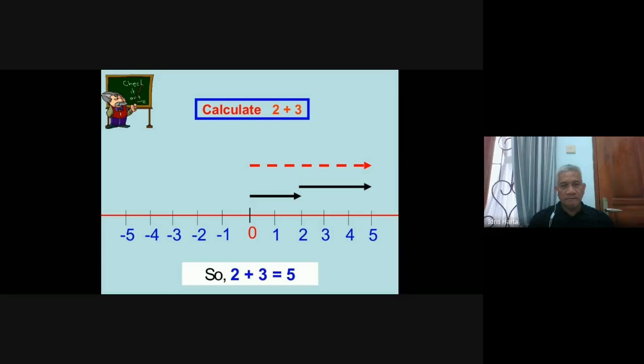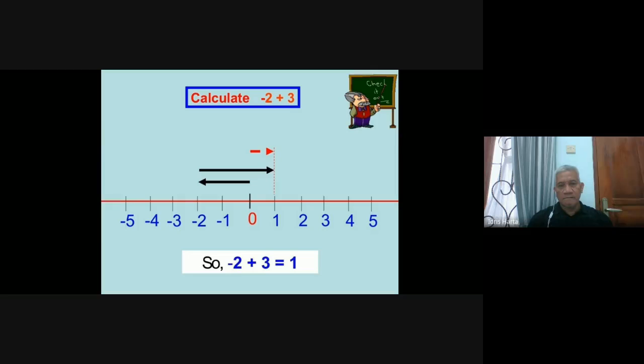The example, calculate 2 plus 3. From 0, direction to the right, to number 2, plus 3, so the answer is 5.